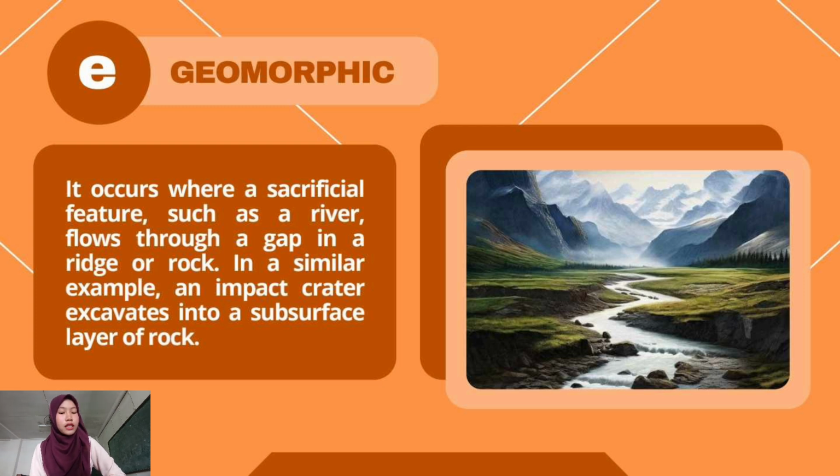It occurs where a surficial feature, such as a river, flows through a gap in a ridge or rock. In a similar example, an impact crater excavates into a subsurface layer of rock. So those are the different types of the principle of cross-cutting.